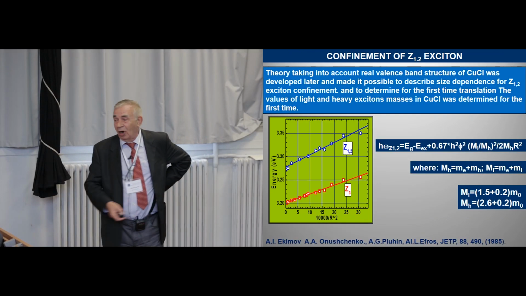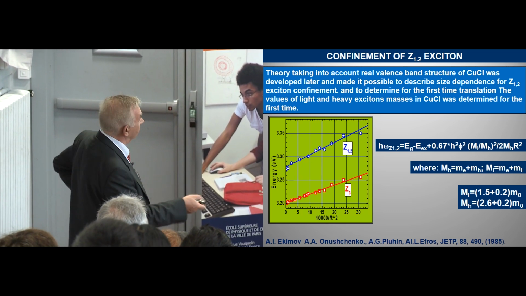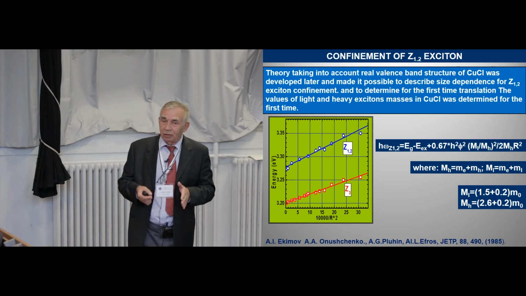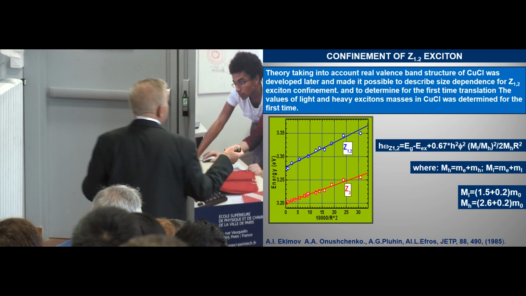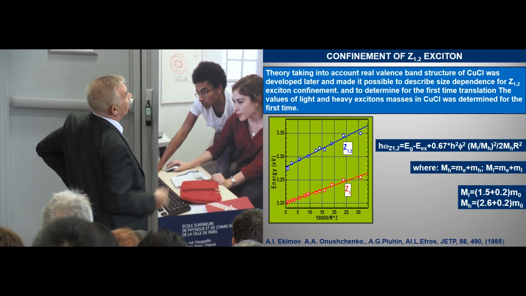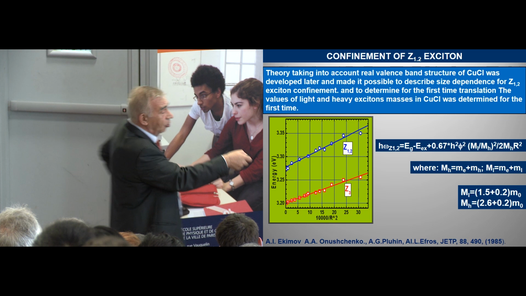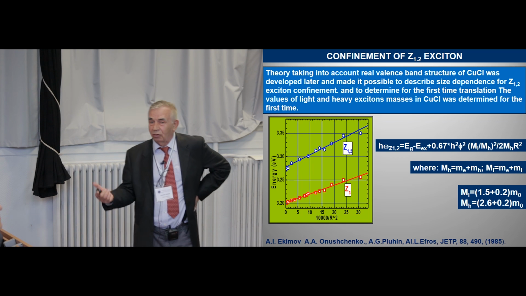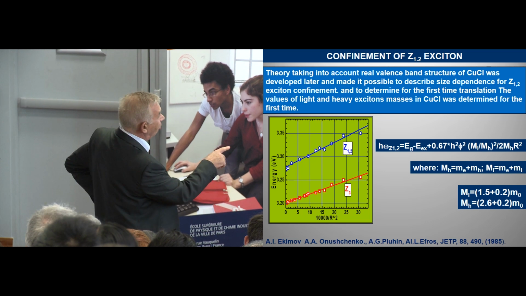So you see, it's 1985, three years passed, and the theory of confinement of the exciton took into account the split subband, which is degenerate and non-parabolic. And this theory made it possible to describe this line, this dependence, with the parameters of the two masses which we have in copper chloride: the translational mass of the exciton associated with the light hole and with the heavy hole.